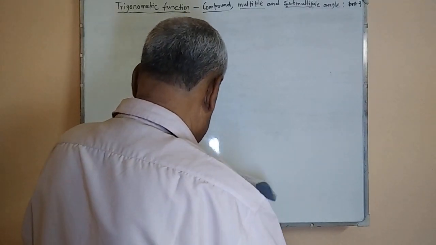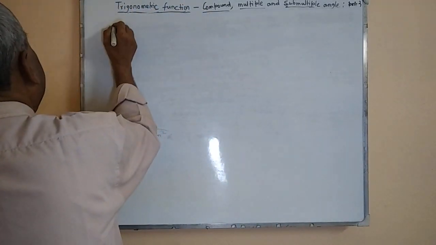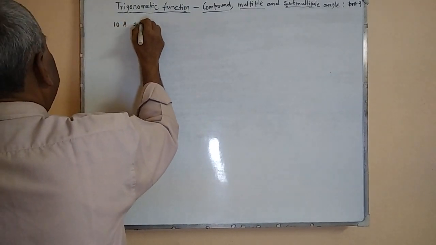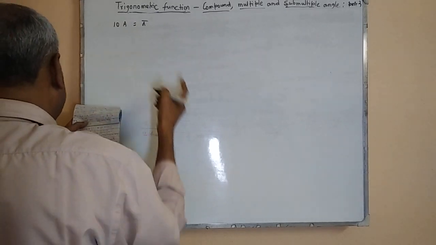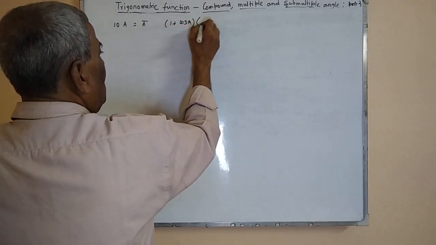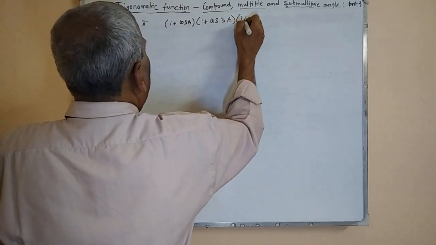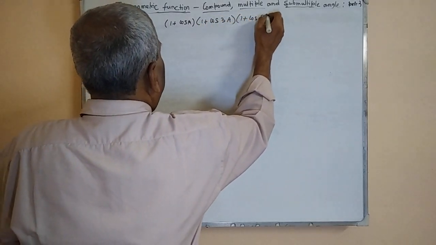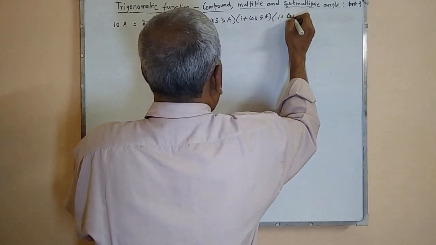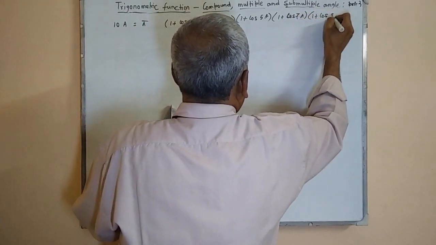If tan A is equal to pi, then the value of 1 plus cos A, 1 plus cos 3A, 1 plus cos 5A, into 1 plus cos 7A, into 1 plus cos 9A.